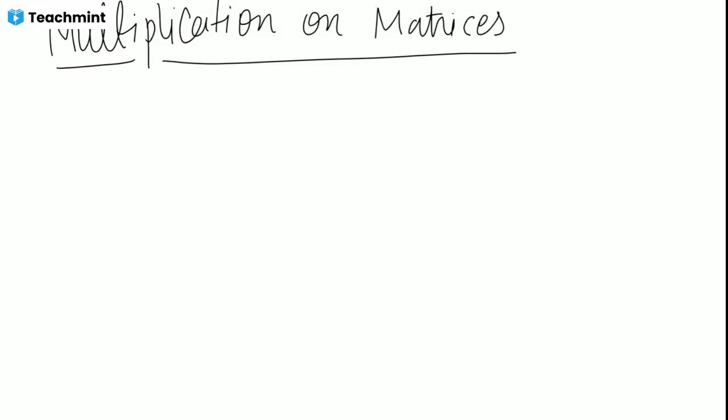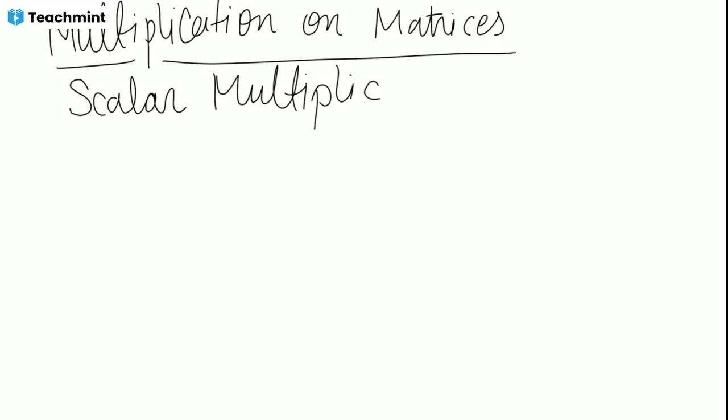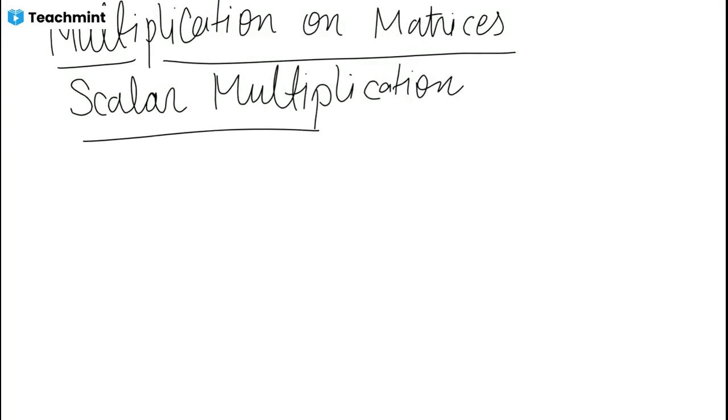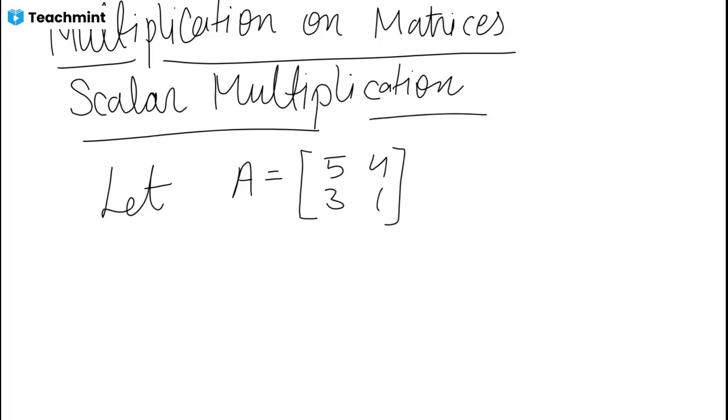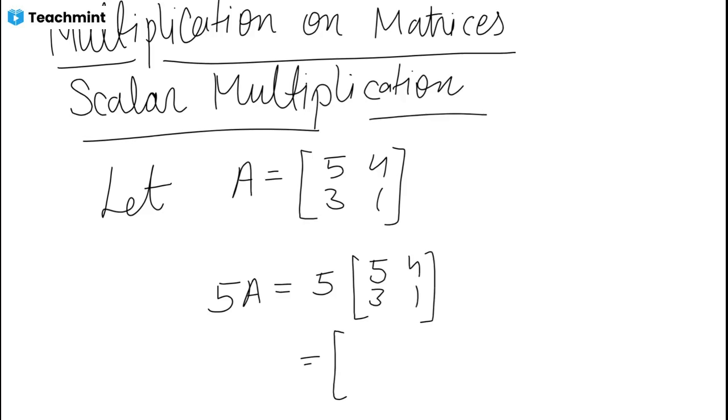First is scalar multiplication. Scalar multiplication means, for example, let matrix A have elements 5, 4, 3, 1, and we need to find 5A. 5A means we multiply 5 with this matrix, that is, multiply all elements by 5: 25, 20, 15, and 5.